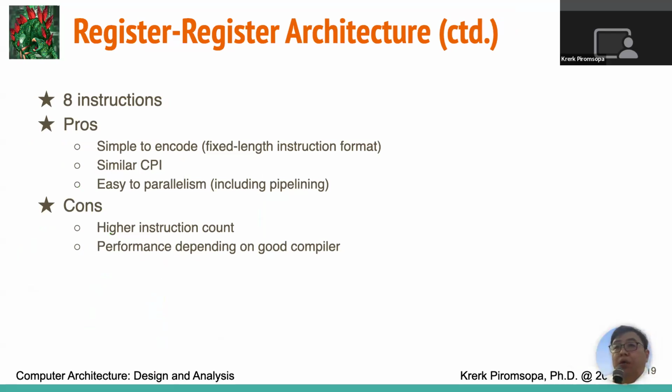And also with modern architecture, we tend to have multiple cores, multiple threads, and parallelism, pipelining basically, but we will get to that. So we will say, wow, this register architecture is extremely good when we want to do parallelism. So modern architectures are register architectures.